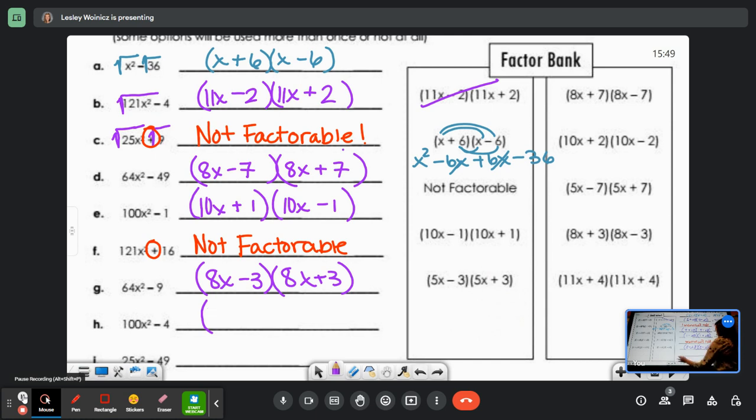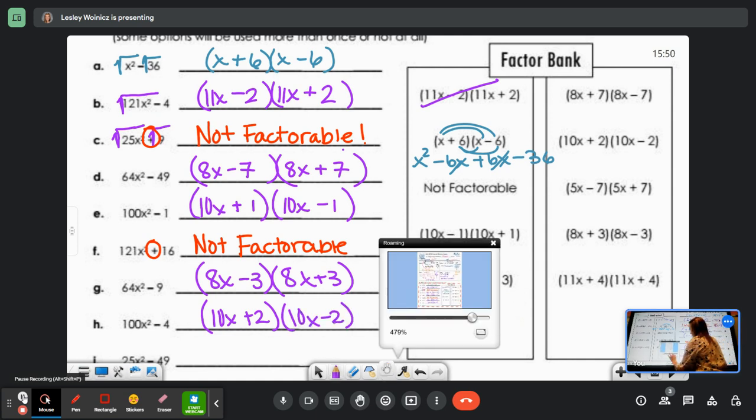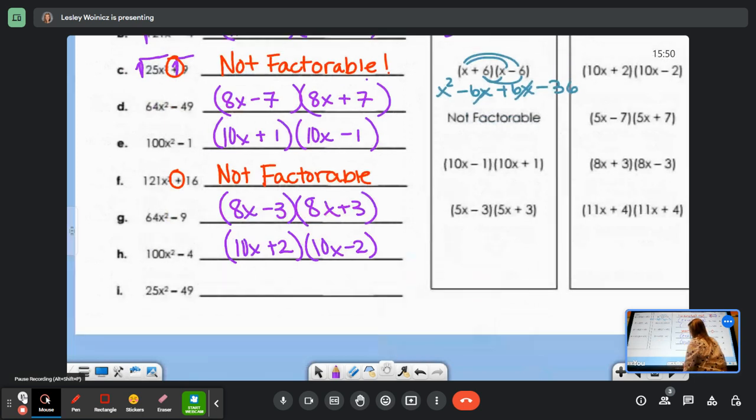Then 10x plus 2 times 10x minus 2. And last but not least, 5x minus 7 times 5x plus 7. Okay, that's it.